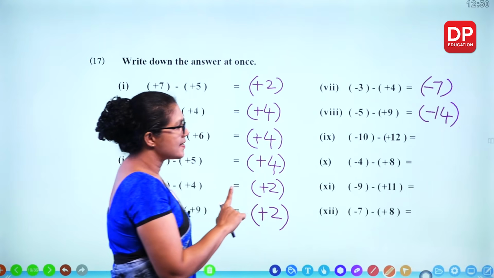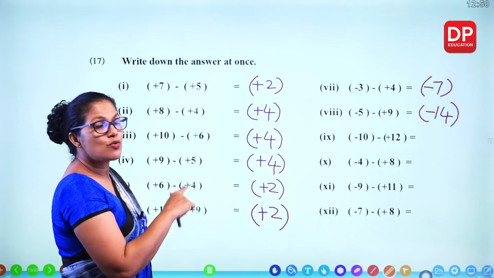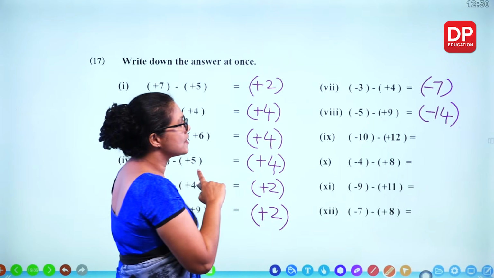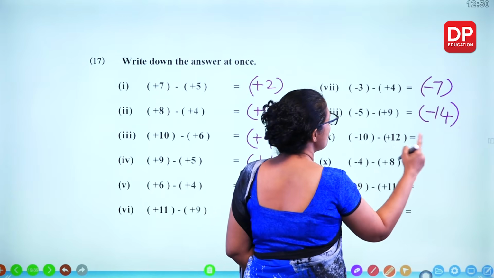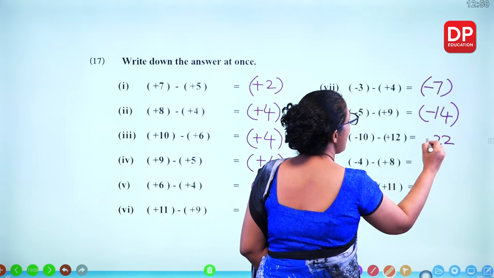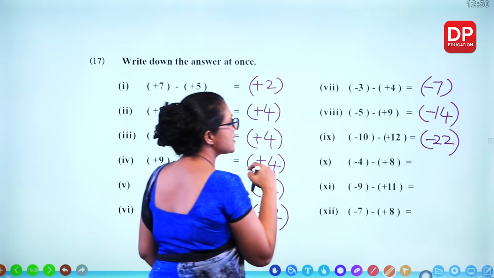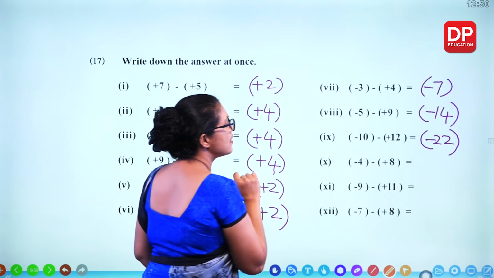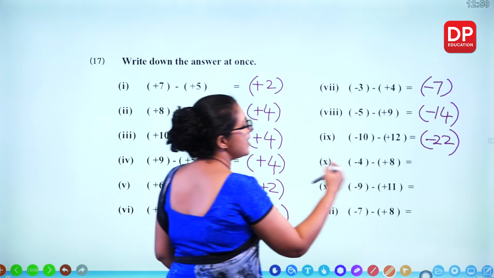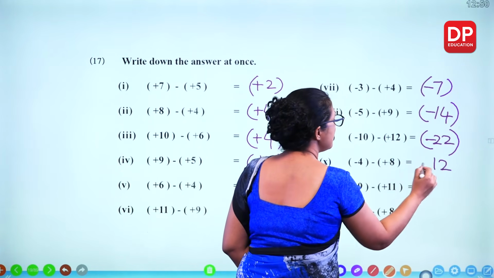Starting from minus 10, you are moving 12 places again to the left side. So you are adding these two numbers. So 22 and this is minus. 8 and 4, addition is 12 and this is minus.